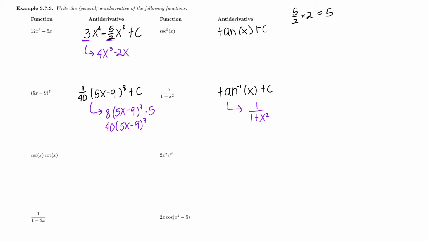Now we have options of what could happen here. If we wanted it to be -7 on top, there's two ways you could do this. The first one, if you just put a -7 out front, that would work, right? Because if you multiply this by -7, then you get -7 over 1 plus x squared.